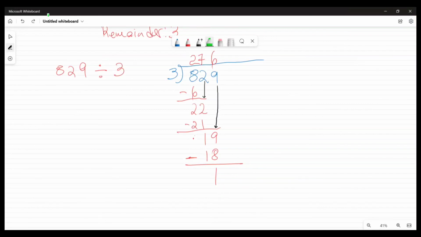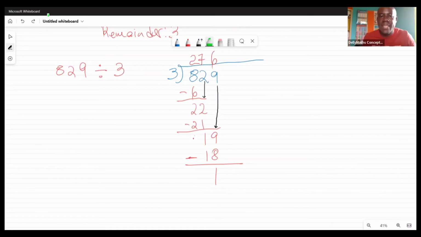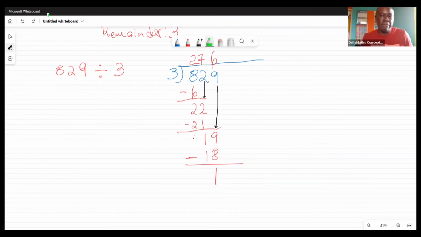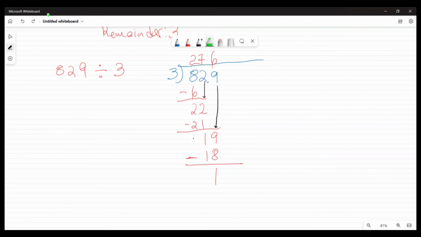The quotient is 276. Very good. And if we should say, what is the divisor? The divisor is 3. And lastly, the dividend? 829. Very good.